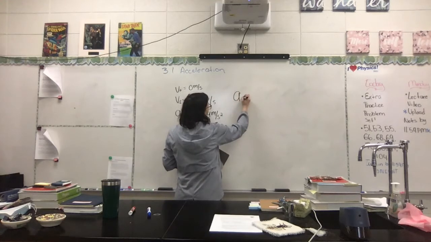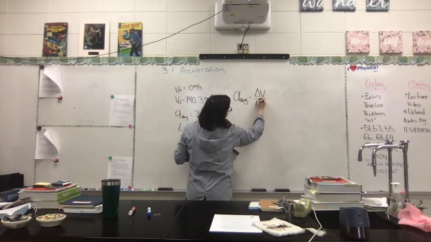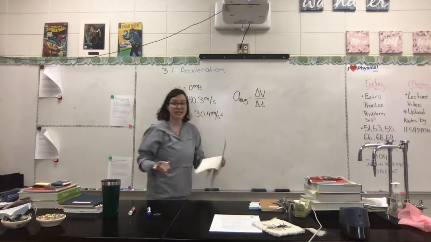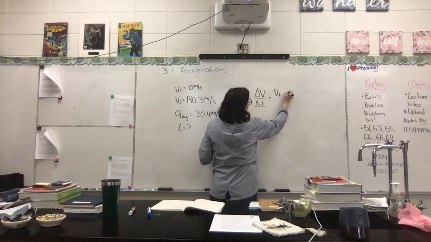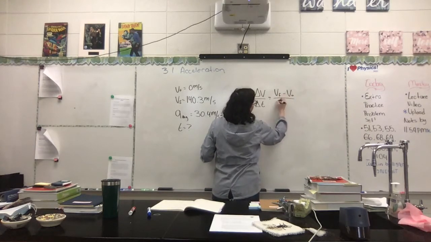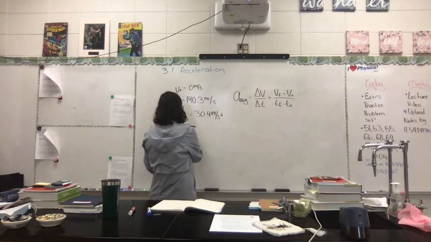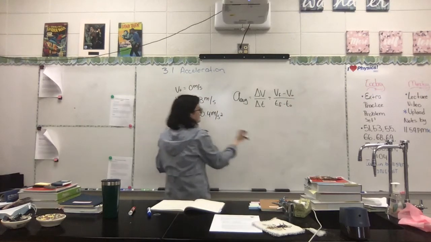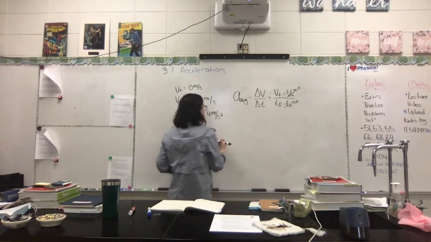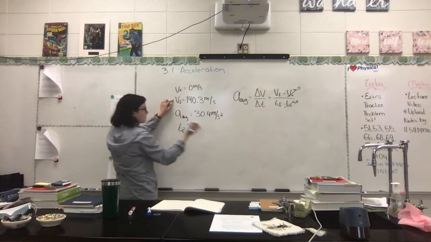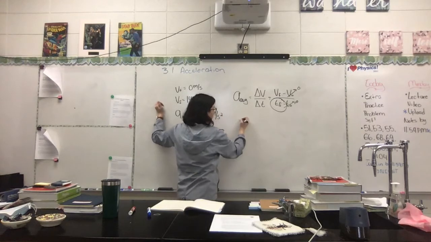If we look at our equation, the average acceleration is equal to delta V over delta T, and we break it up, and we get V final minus V initial over T final minus T initial. We're looking for that final time. He started out at T equals 0 with a velocity of 0 meters per second. So all we're going to have to do is solve for TF now.